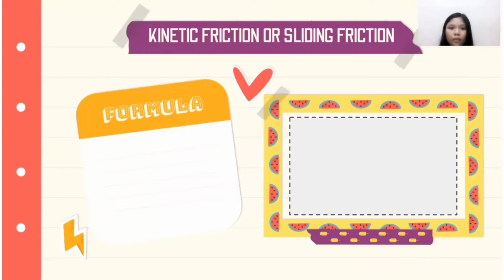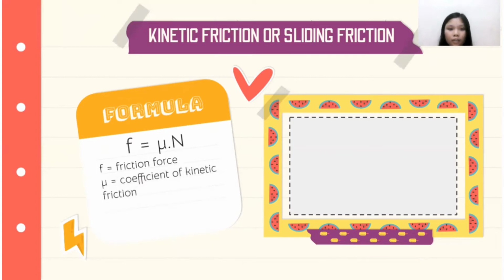This is the formula of kinetic friction or sliding friction. F equals mu times N. F here is the friction force. Mu is the coefficient of kinetic friction, and N is the normal force. Here's the diagram of kinetic friction.